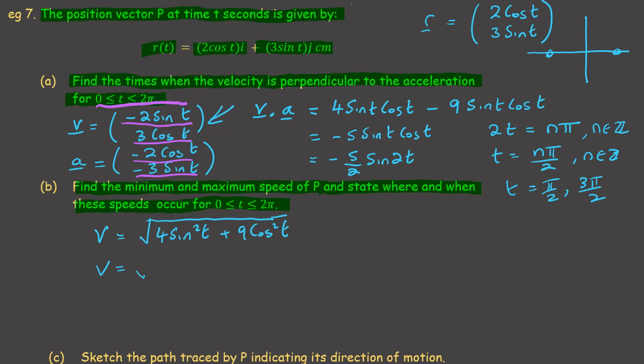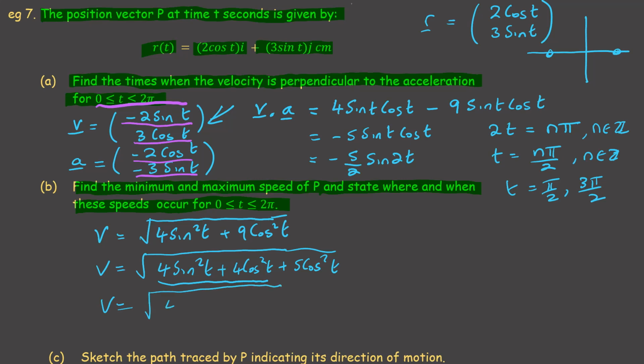I can rewrite that as 4 sin squared t plus 4 cos squared t plus 5 cos squared t. Since sin squared plus cos squared is 1, this is 4. So we get the square root of 4 plus 5 cos squared t.